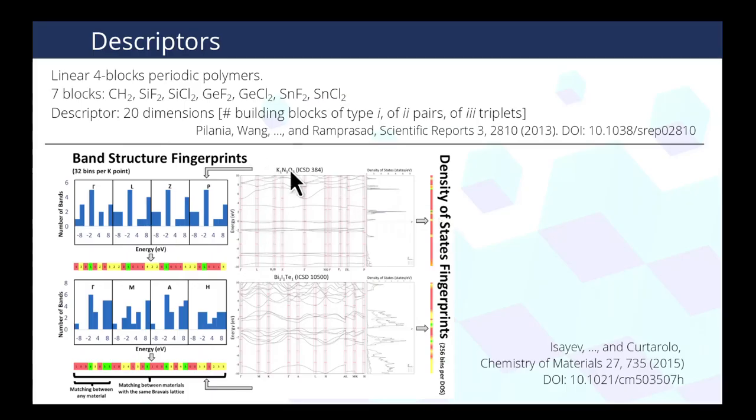For each symmetry point there was a histogram that, as you see, is very coarse grained, 1, 2, 3, 4, 5, 6, 7, 8, 9, 10. No, they say 32. Okay, whatever. A few bins for each symmetry point plus a discretization of the density of states.